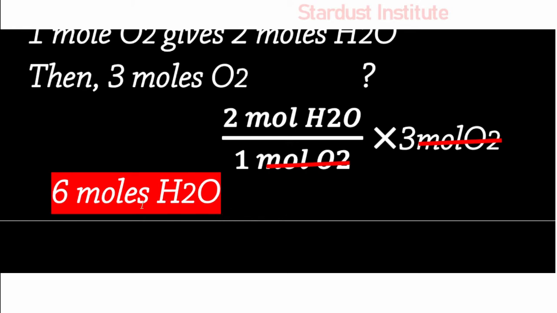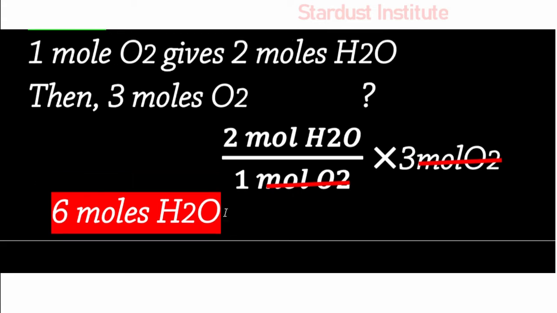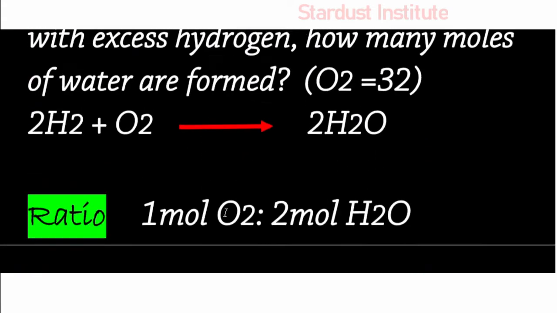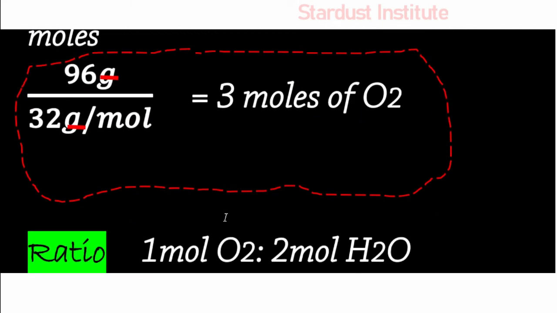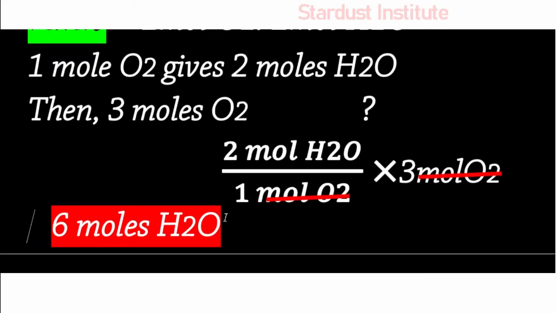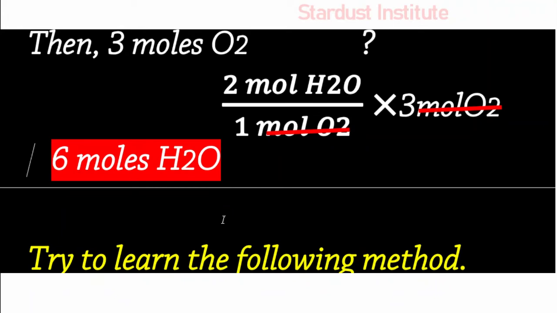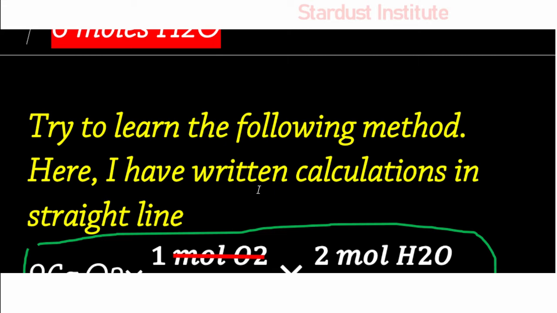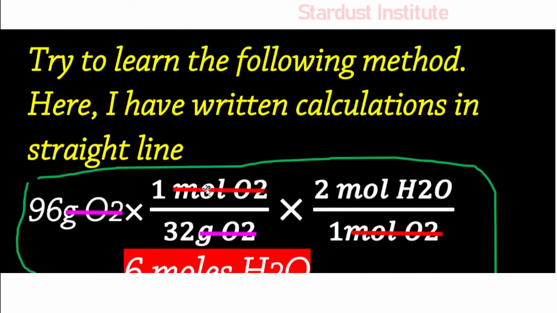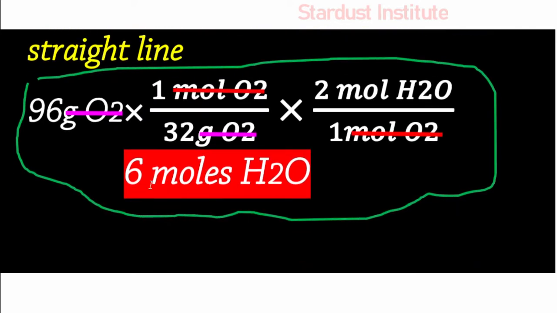Answer is 6 moles of H2O. 6 moles of H2O are formed. Try to learn the following method. Here I have written the calculation in a straight line. I have written everything in a straight line. You can practice this method slowly.